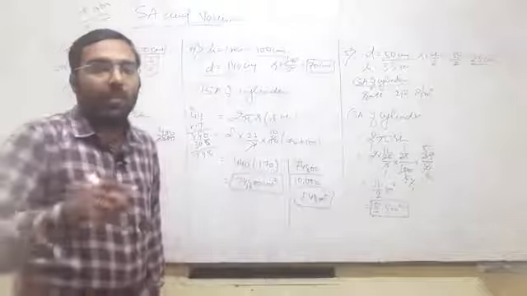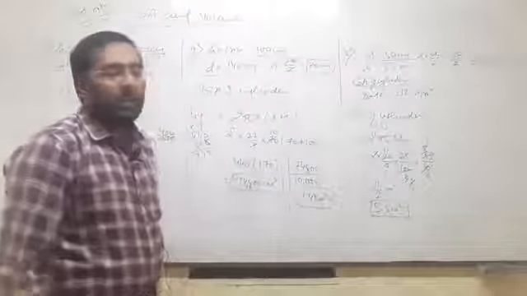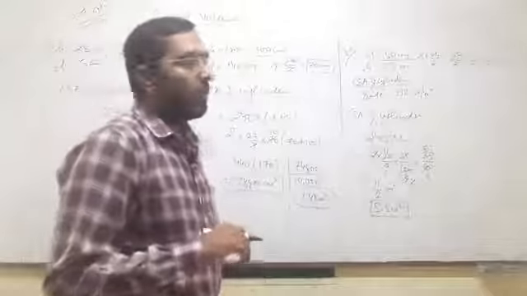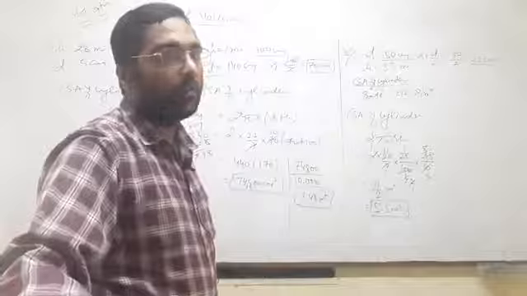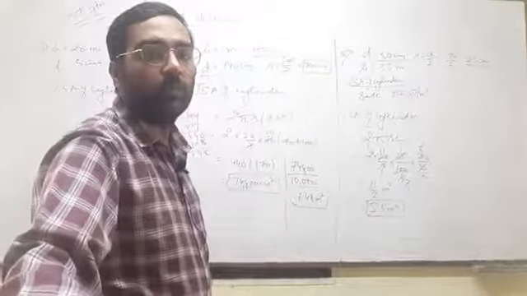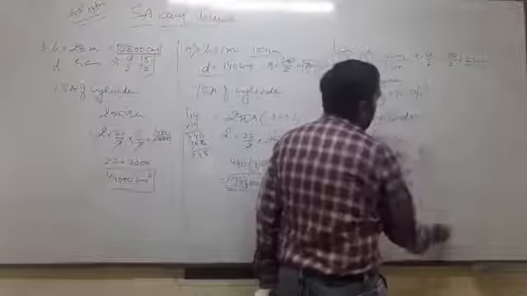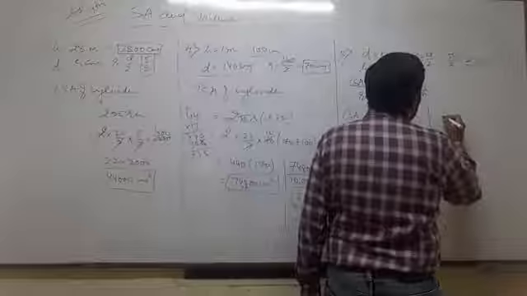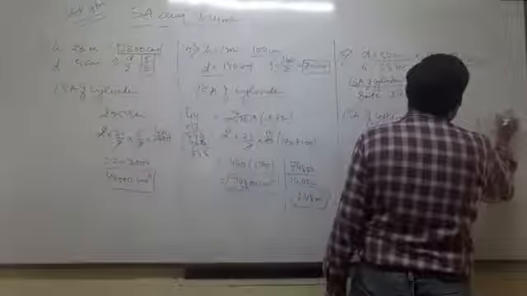Now I have to find the cost in rupees. So I'll multiply the rate by 5.5 to get the answer in rupees. For 1 meter square, 12.50 rupees is given.